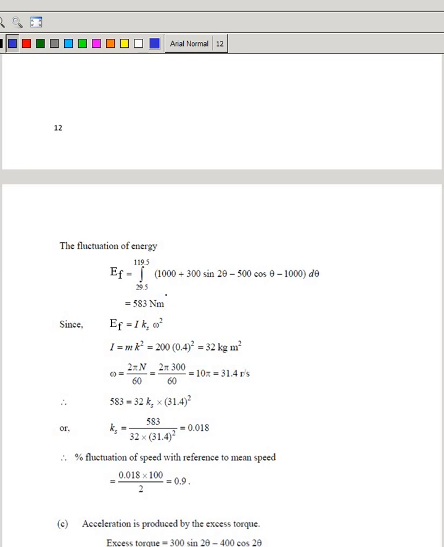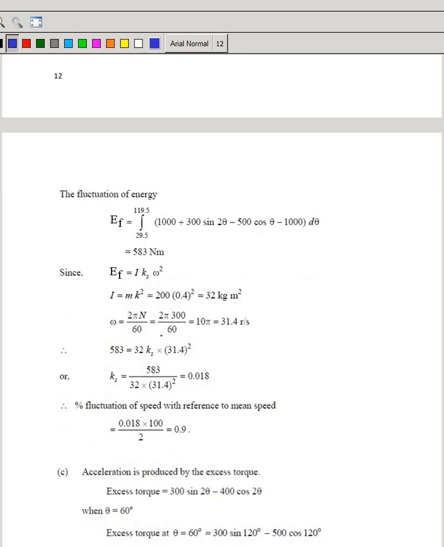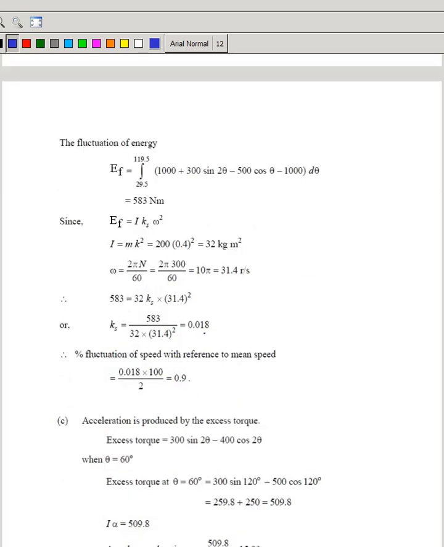So this is the fluctuation of energy. Use this formula: I is given, omega is given, 583. So you find out Ks. Ks is 0.018. This is the total overall fluctuation of speed, sorry.